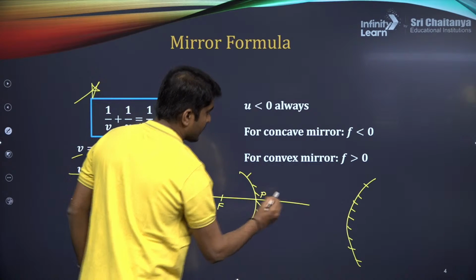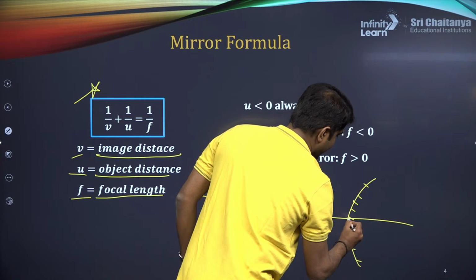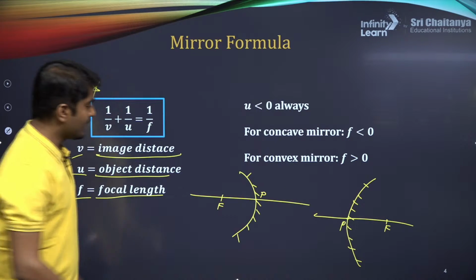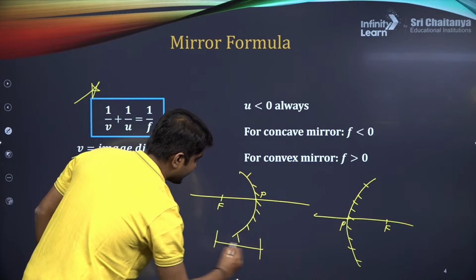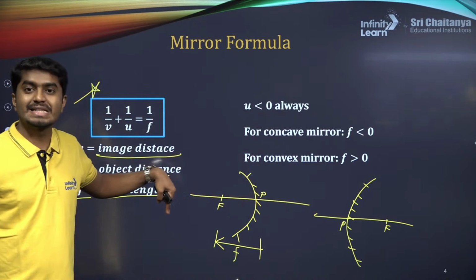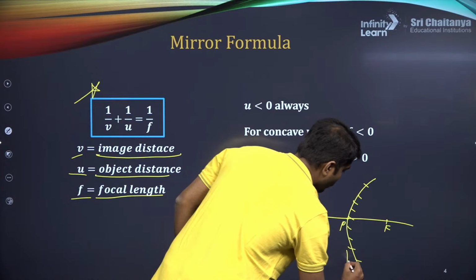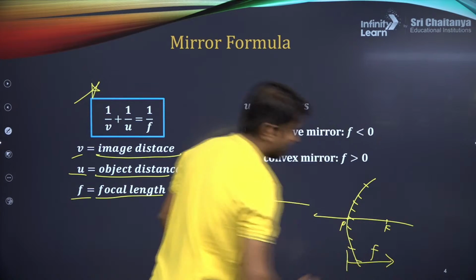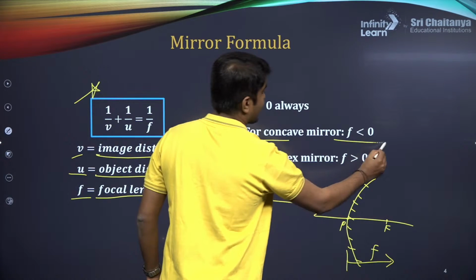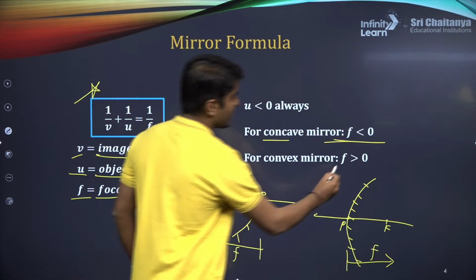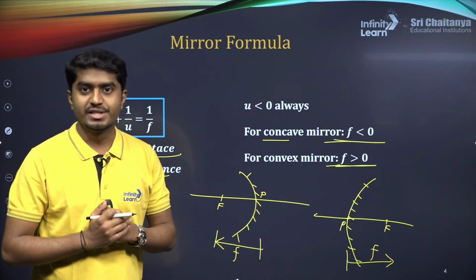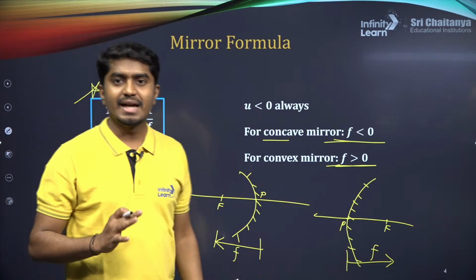For the convex mirror, there is a principal axis, a pole and a focus. For the concave mirror, from the pole we go towards left to reach the focus. For the convex mirror, from the pole we go towards right. That is the focal length. So focal length for the concave mirror is negative and for the convex mirror it is positive. This is also part of the sign convention rules. I hope this is clear until now.